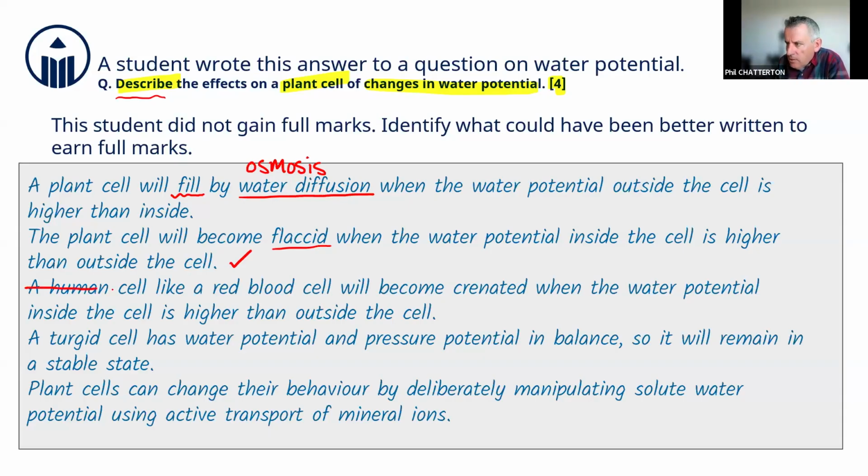This here, somebody's made this point in the Google Doc. This is going to be completely ignored by an examiner because it wants you to talk about a plant cell. Referencing human cells in this way is not going to earn any marks at all, even though what this person has written about a red blood cell will become crenated when the water potential inside is higher than outside the cell is true.